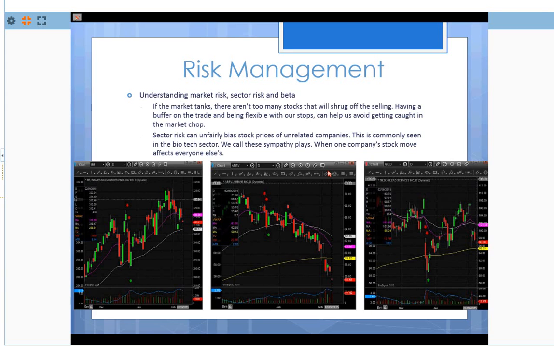If the market tanks, there's not too many stocks that are going to shrug off that kind of selling. If you have a buffer on the trade, and you're flexible with your stop, you can avoid getting caught in the market chop. So, the FOMC or the Fed today, if they would have raised rates or said something negative and the market came down, we probably would have seen a sharp decline in all our swing positions and probably just about every stock across the board, except for the ones trading with a strong catalyst that's independent of the market.